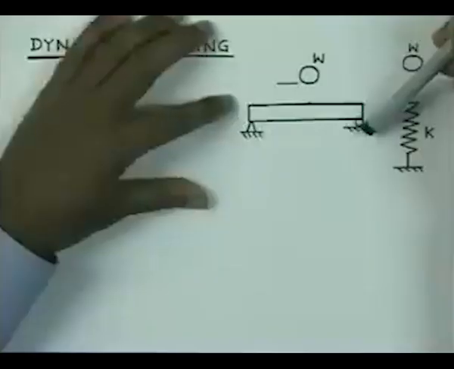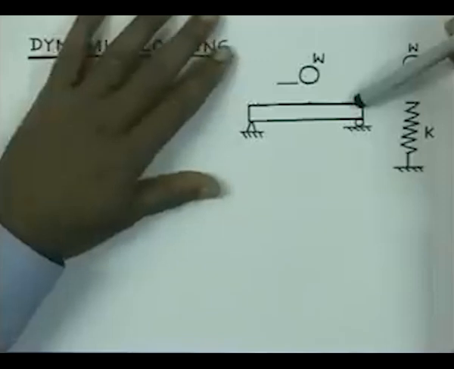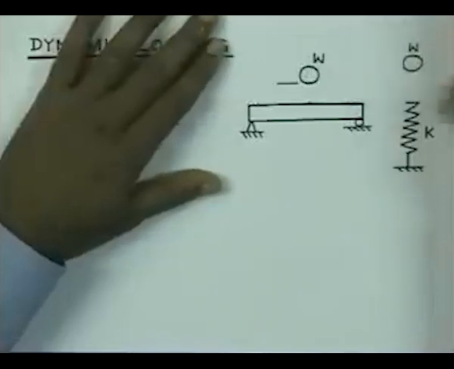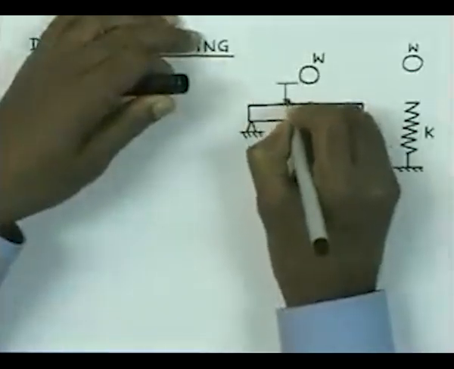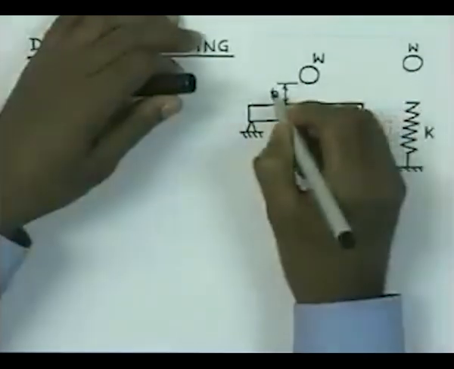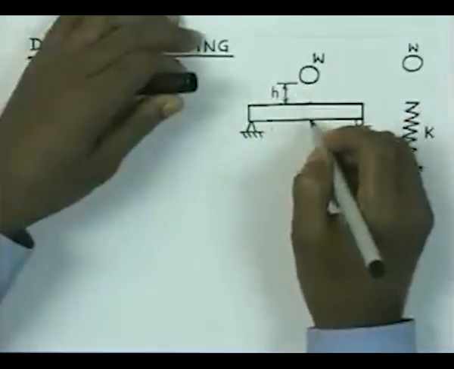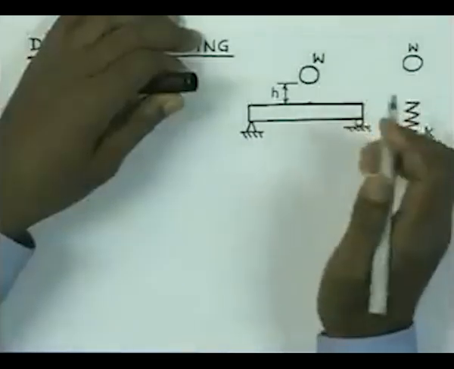Think of a beam here. This beam is now applied with a load, that is, we have a weight W which is at a height h, and it is suddenly dropped on the beam, and if this particular weight was applied gradually on the beam, we would have got some deflection of the beam at the center.